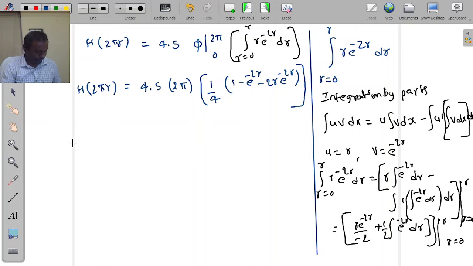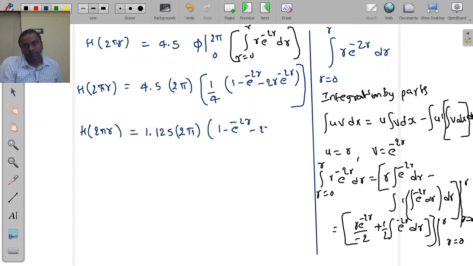So h into 2 pi r is 4, when you get cancels, 1.125 into 2 pi into 1 minus e power minus 2r minus 2r into e power minus 2r.